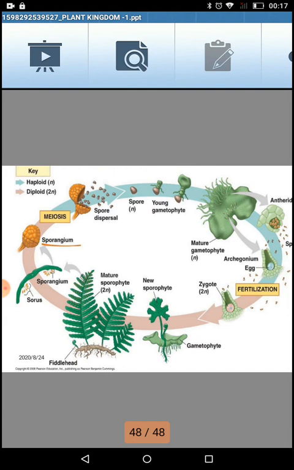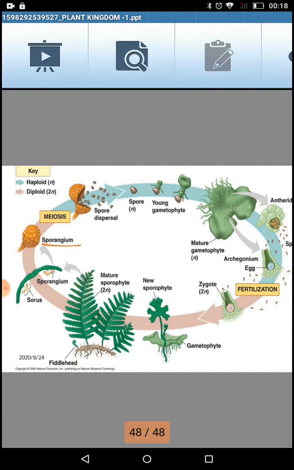Inside the prothallus, archegonia and antheridia will be developing. From the antheridia, the sperms will be released and will go and fertilize the archegonium, inside which the egg cell is present. The resultant zygote will develop into an embryo, and then the embryo gets converted into a small sporophyte plant. So that is the whole life cycle which you can see in this slide.